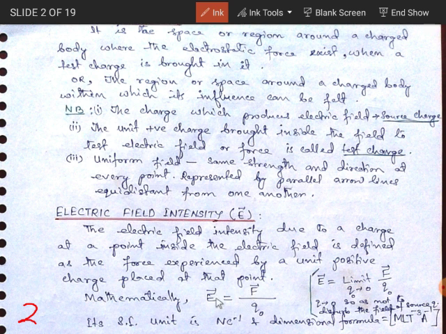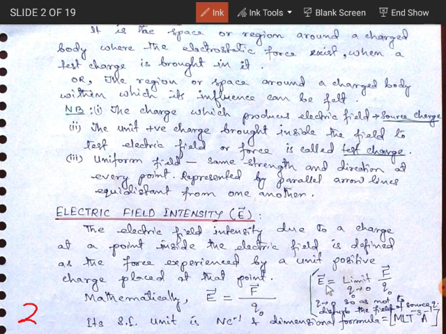But when we mean that test charge, what happens? This test charge must be as small as possible, not only in its size but also in its amount. That is why we take it as unit positive charge.